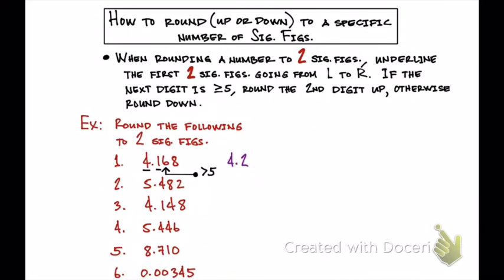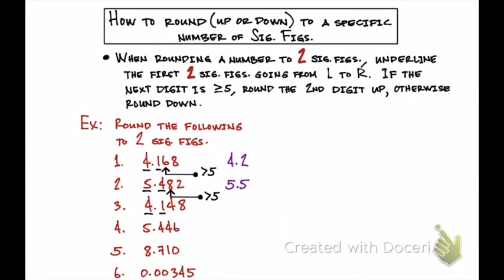So you rounded it to 4.2. The second number here is 5.482. So you underline the first two numbers, and then you look at the third number, which is also greater than 5, and so you would round up the second digit, and you would report it as 5.5.